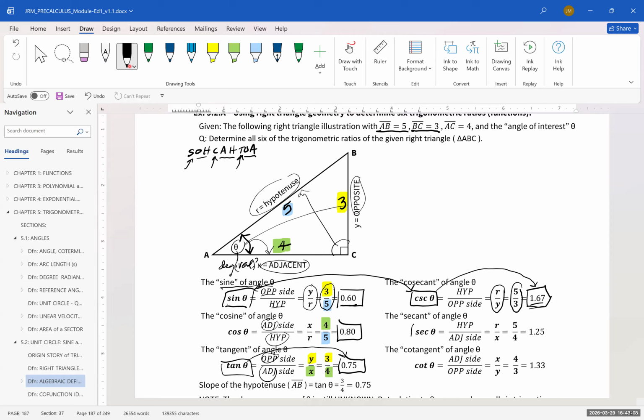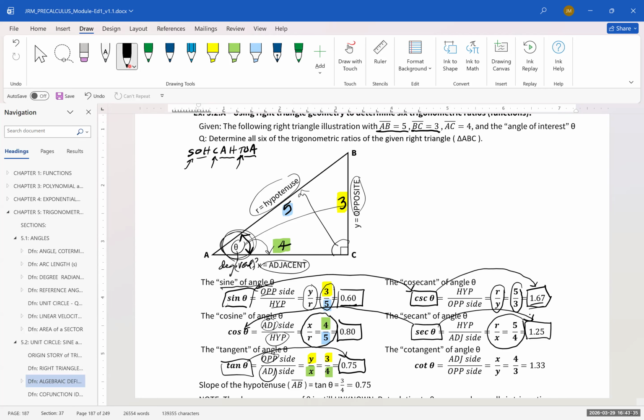We can look at the secant of our angle of interest, which is the reciprocal of cosine. To take the reciprocal, you just take the numerator and denominator and flip them. Instead of 4/5, now we have 5/4, which is 1.25.